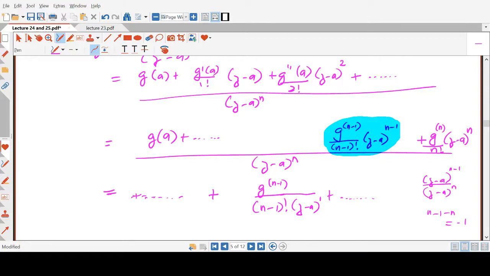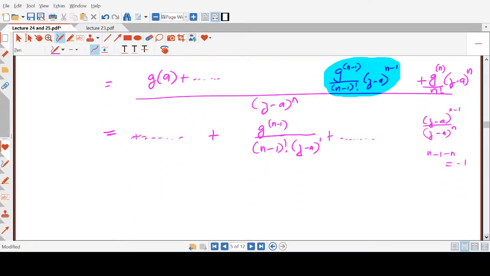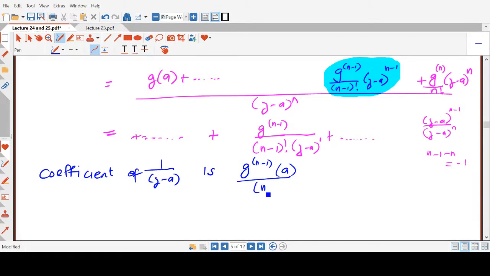So the coefficient of 1 over z minus a is the n minus 1 derivative divided by n minus 1 factorial. I can say in conclusion for this part that the coefficient of 1 over z minus a is the n minus 1 derivative at a, divided by n minus 1 factorial, and that is the residue.